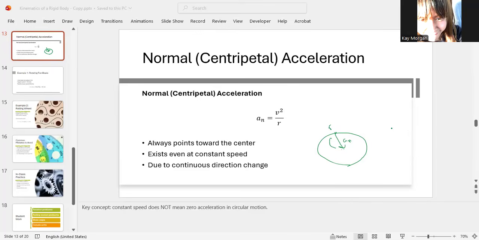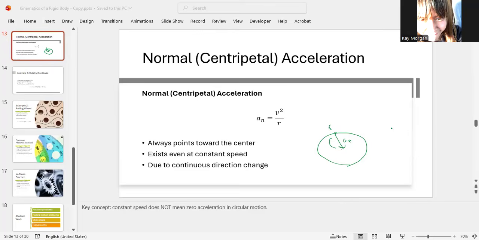So the direction changes in a circular movement. We are looking at a constant speed situation, but we know that there is a continual change in direction because your rigid body is staying in a circular path of rotation. That changes the direction, and as soon as that happens, you have the acceleration. Now we're concentrating on the centripetal acceleration, which depends on that change in direction on the circular path.